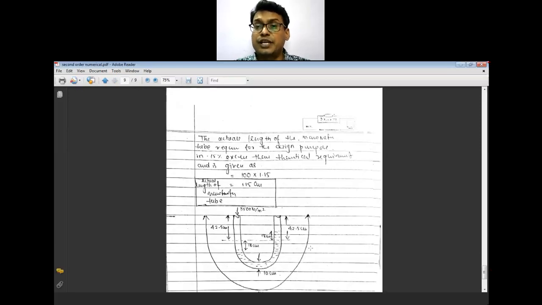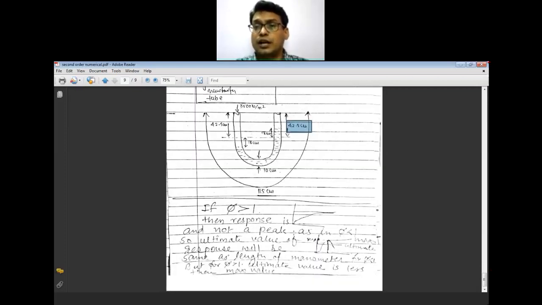Now a 15% excess has to be designed, so you can use 115 centimeters. With 115 centimeters and 30 centimeters of liquid, we have a clear length of 42.5 centimeters available. This is how we design the manometer by considering the process conditions.